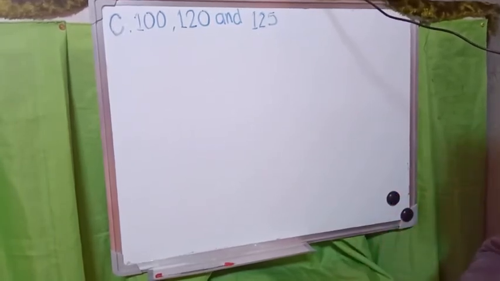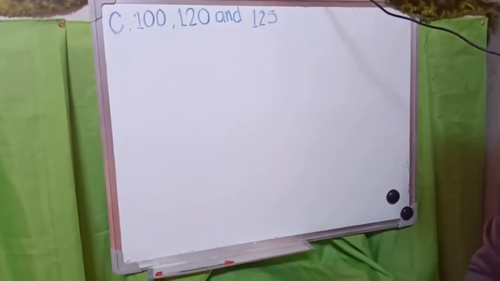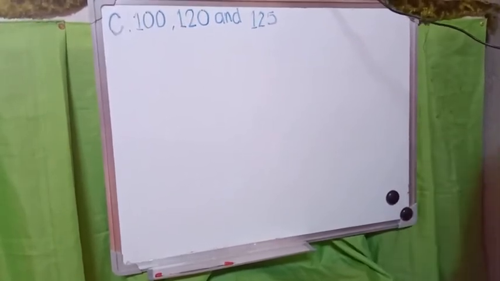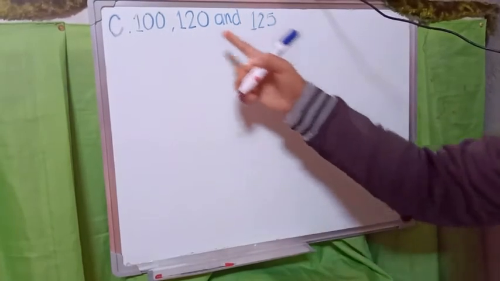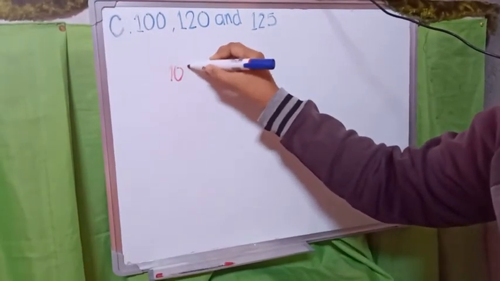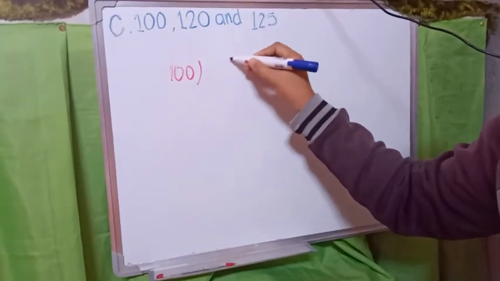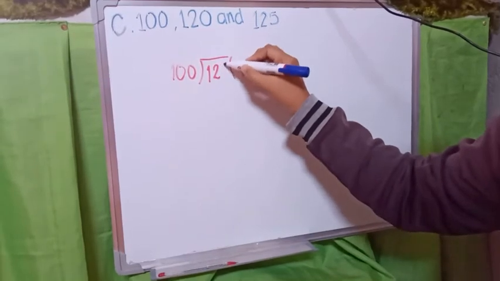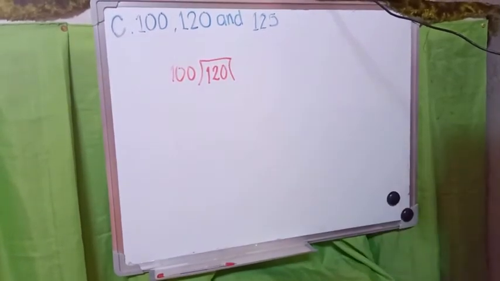So, we'll start with the smallest number as your divisor, and your dividend would be the second smallest number. So we have 100 as your divisor, and your dividend would be the second number, which is 120.